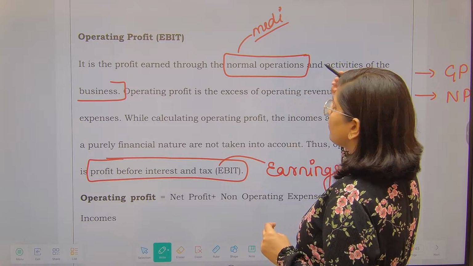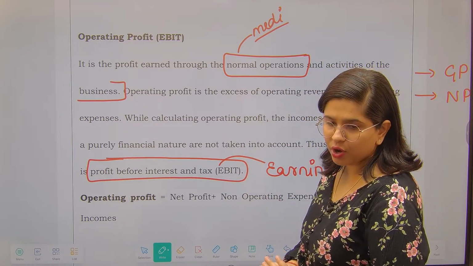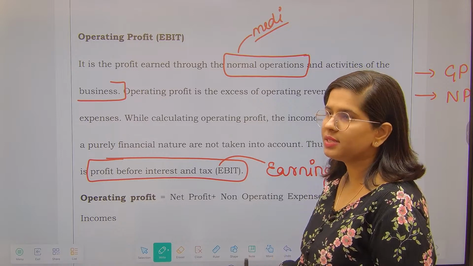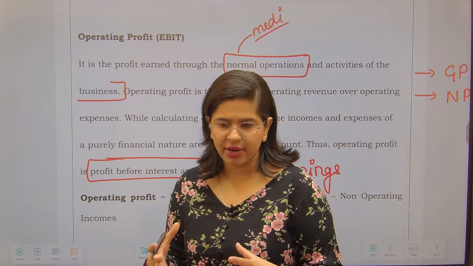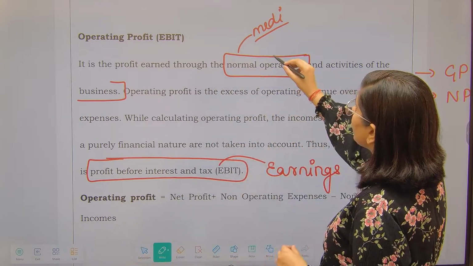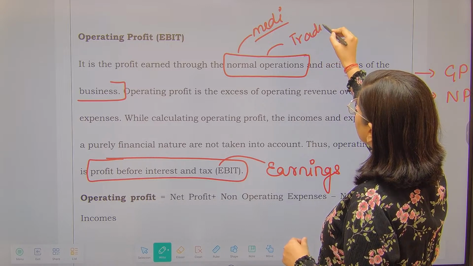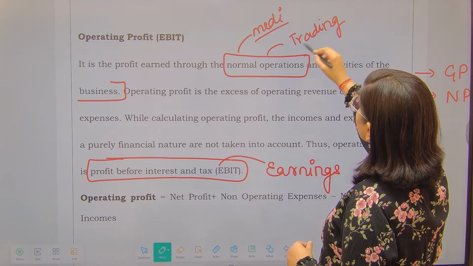If you are into manufacturing of any other commodity, or let's say you are in the trading of white goods, white goods meaning your AC, fridge, etc., then any amount that you earn from your trading is your operating activity. ठीक है?